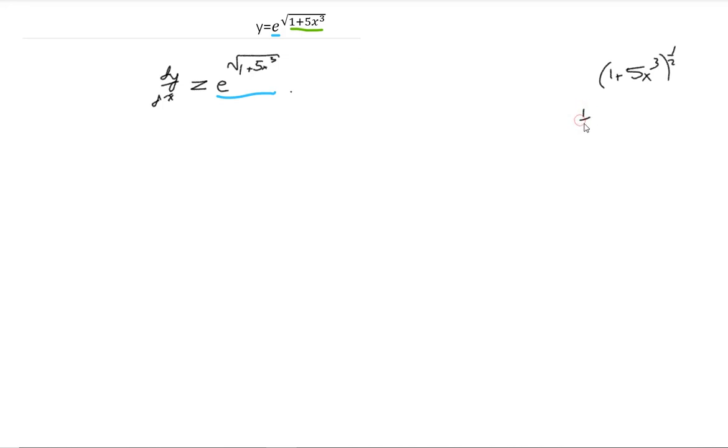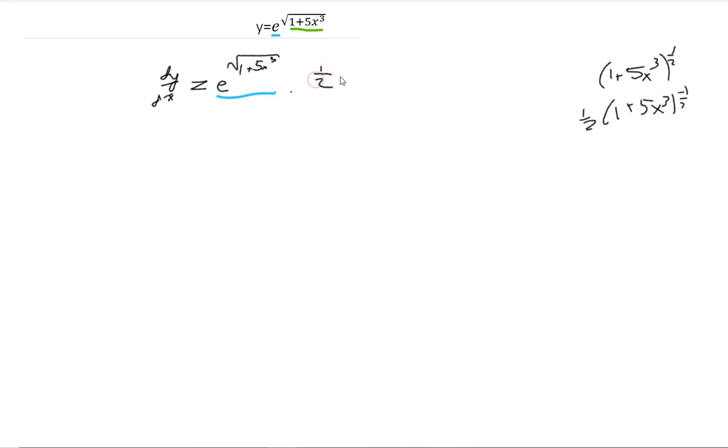So multiply by 1/2, 1 plus 5x cubed, and then negative 1/2 in the exponent now, because we subtracted 1 from 1/2. 1/2 minus 1 is negative 1/2. So that's the derivative of this here. And then I'll go ahead and rewrite this 5 here. Okay. So this is the second part of the derivative here.